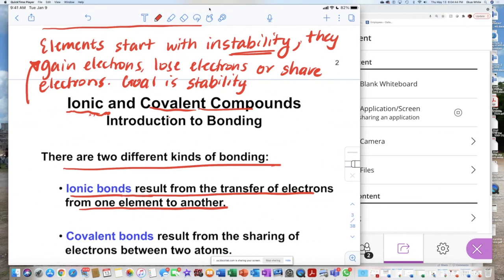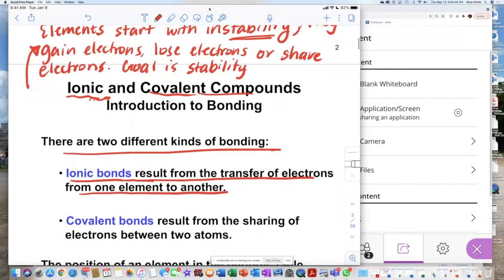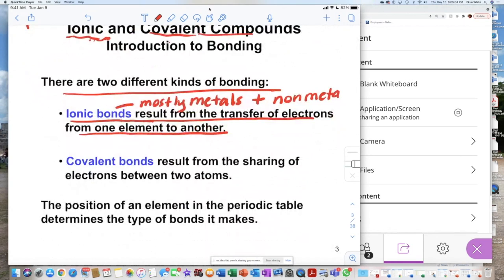I'm just going to go ahead and jump into that because I feel like it's taking too long to get to the point. Okay? With ionic bonds, we mostly see the metal elements. So I'll say here metals and nonmetals. So I can confidently say that 95% of ionic compounds are metals and nonmetals combined together.